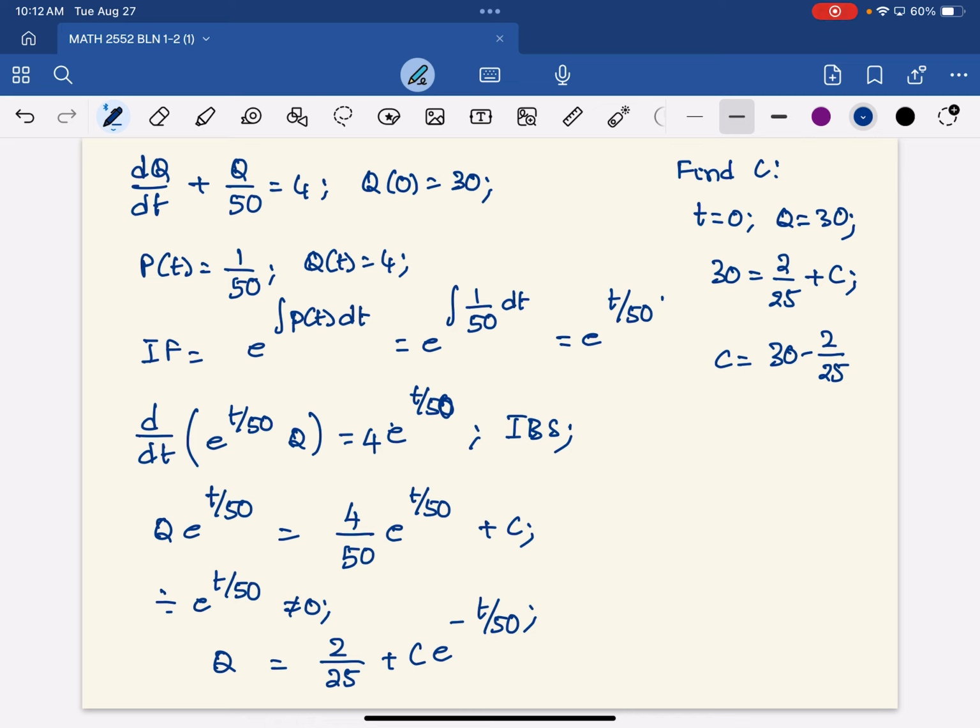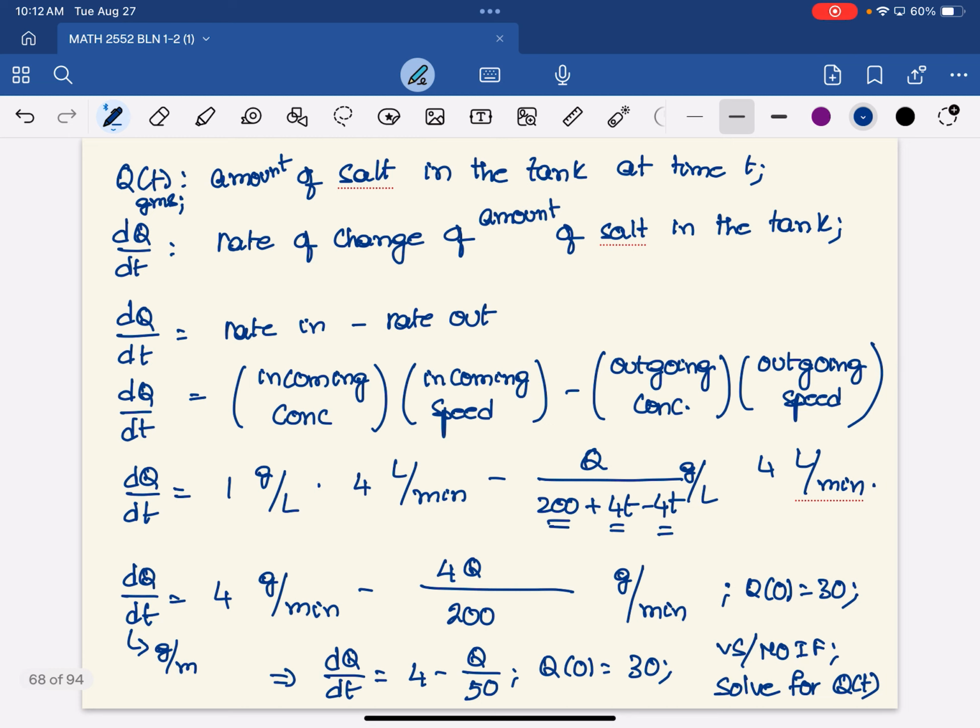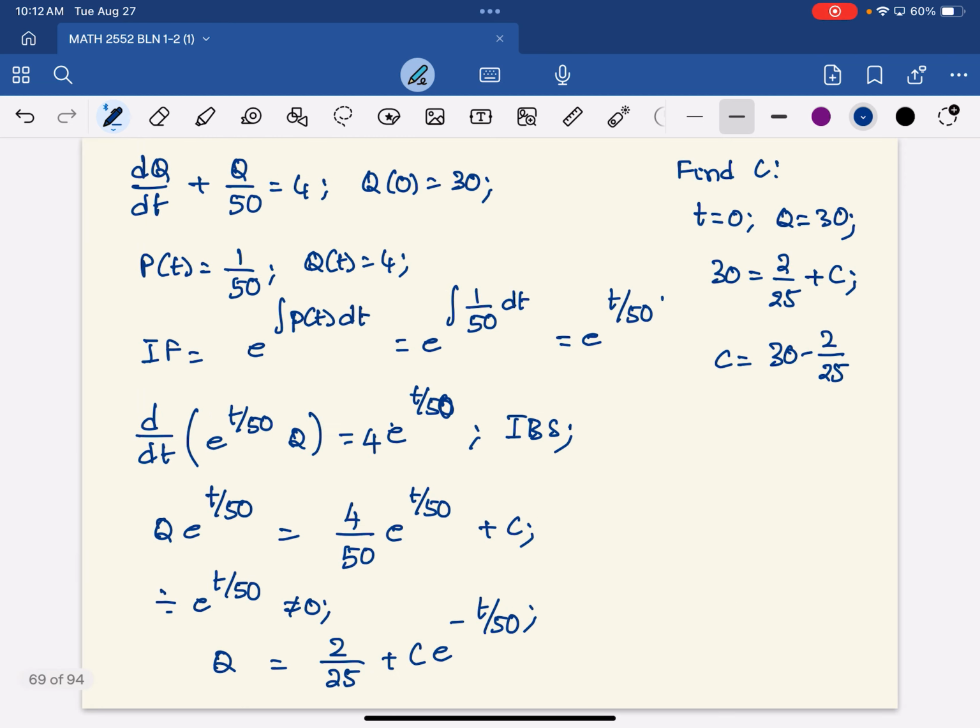No, it's 200 e to the t over 50. Say that again. It's 200 e to the t over 50 instead of 4 over 50. You're right.